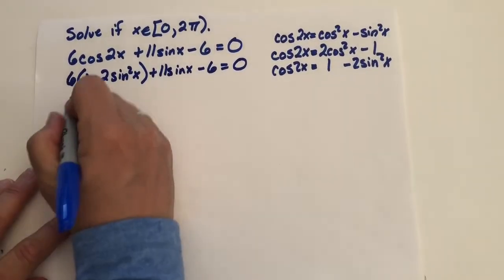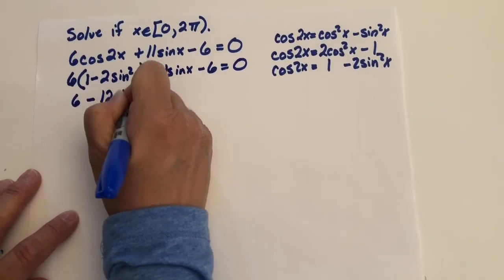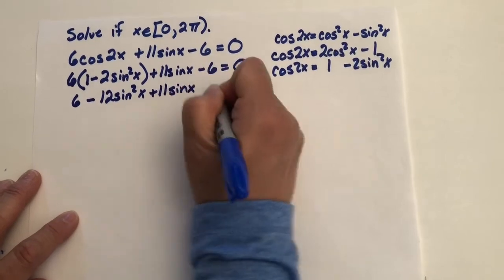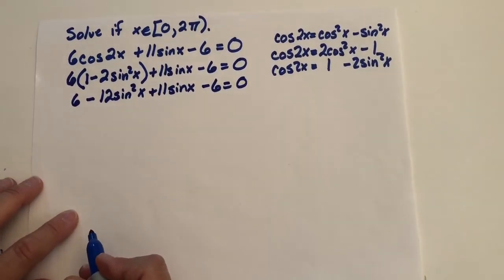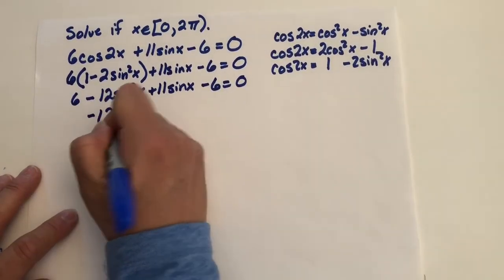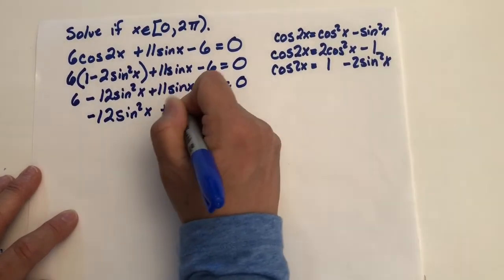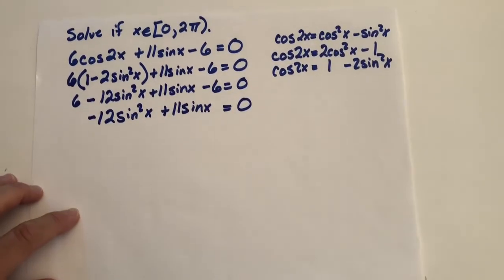Let's distribute the 6. So we have 6 minus 12 sine squared x plus 11 sine x minus 6 equals 0. Oh, look, our 6's cancel. So we have negative 12 sine squared x plus 11 sine x equals 0.